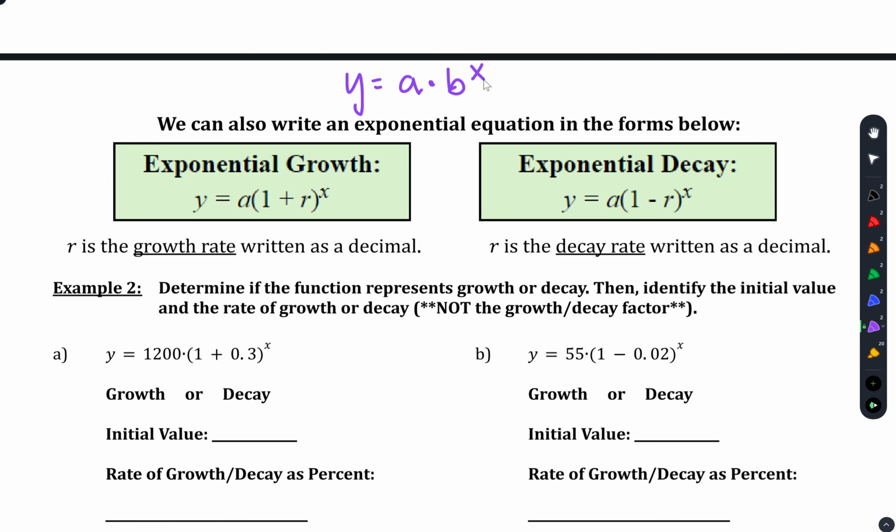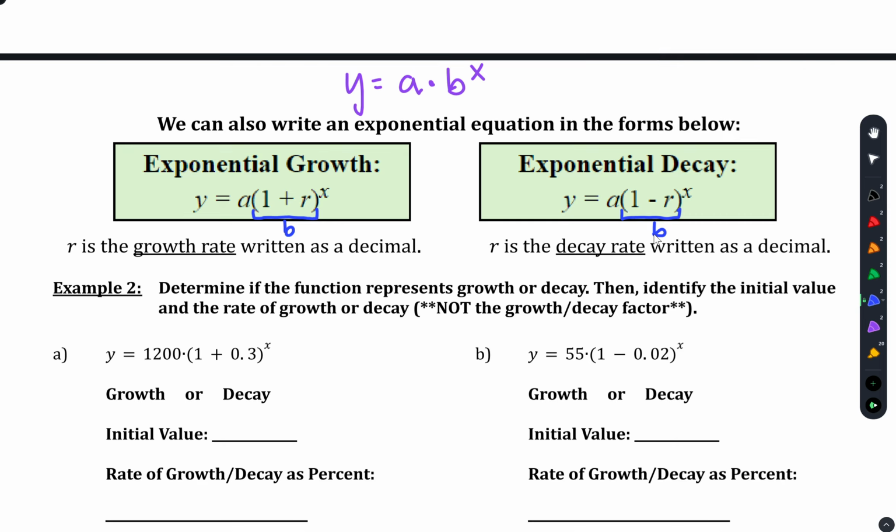So we kind of change our formula around just a little bit to kind of show the rate. These are two basically of the same equation. I didn't change anything. This thing in parentheses here is the b value.